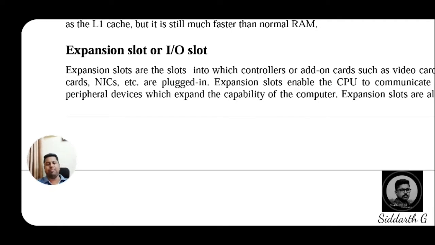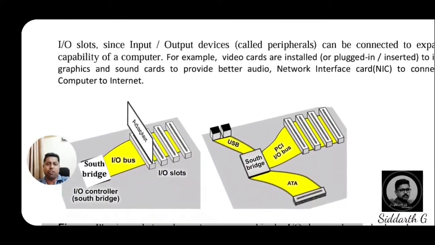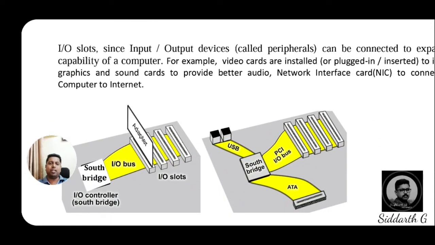That's why these expansion IO slots are useful to connect these kinds of devices, and these devices are plug and play devices. Before going to plug and play devices, let's see how the IO slots look.